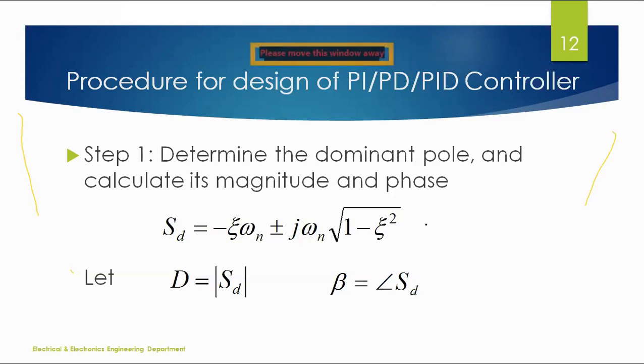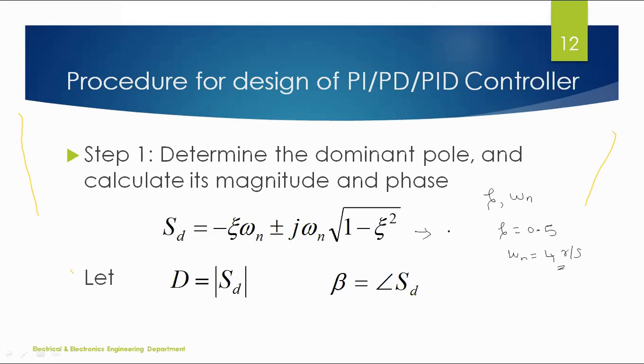What I'm telling here is that we are going to use theta and omega n. For example, theta equal to 0.5 and omega n equal to 4 radian per second. I substitute these two values and get one dominant pole.